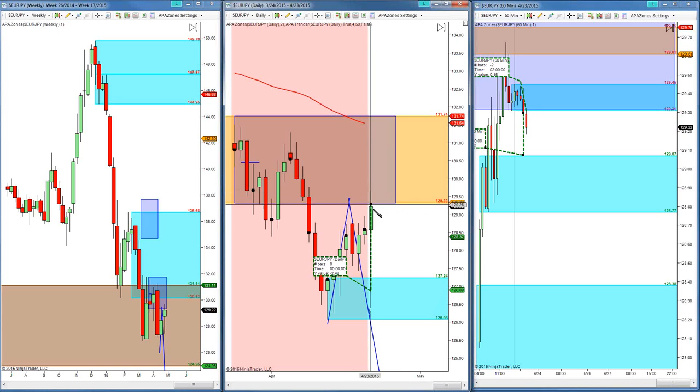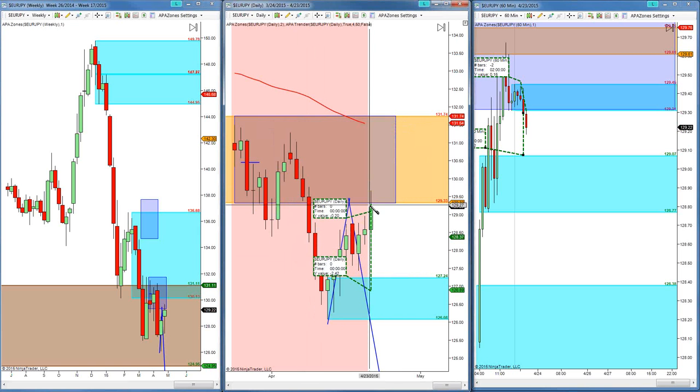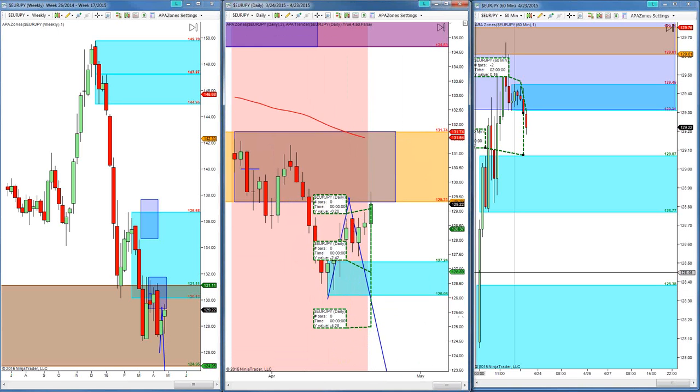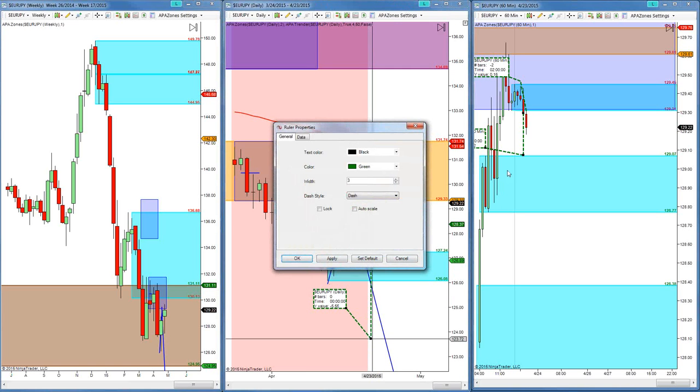So let's just say that we measure the 16 ticks here, and then we go even further down for a T3, because let's face it, with our T3s, we want to make it look good. We want to make it look like we're a real pro in doing this.